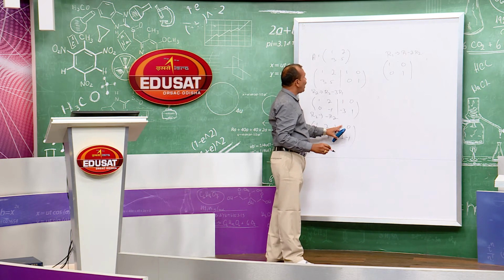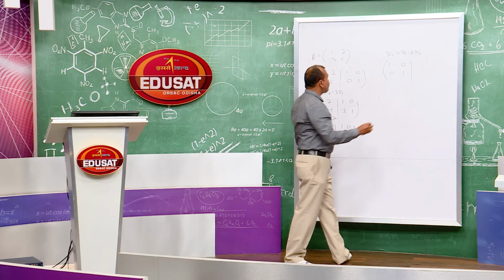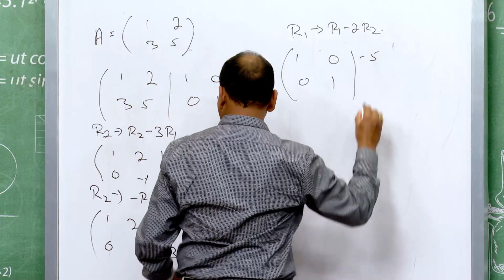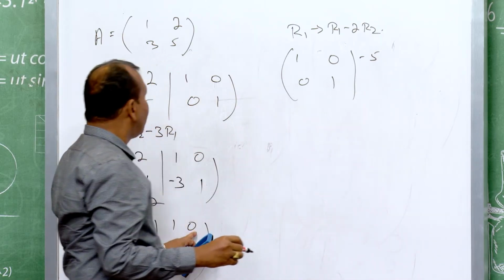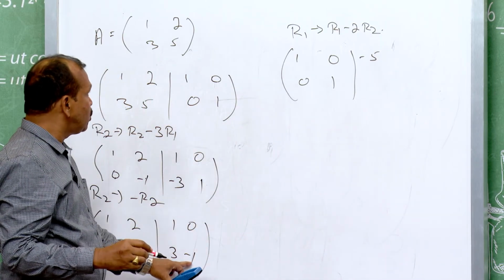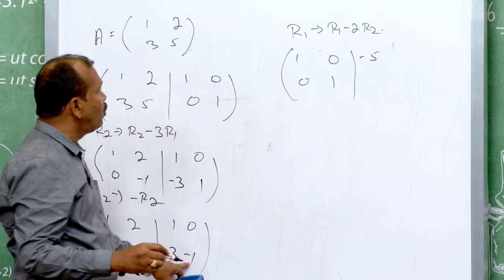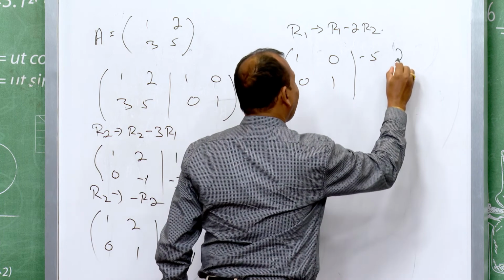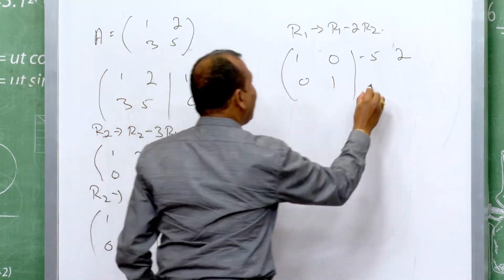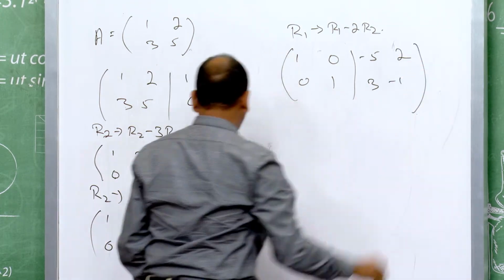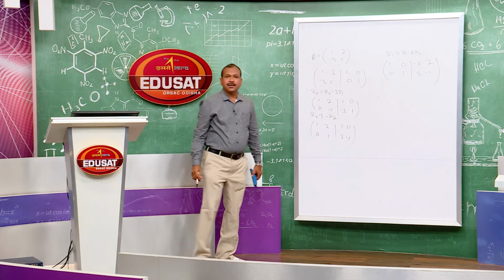R1 changes to R1 minus 2 R2, then minus 5. 0 minus 2 into minus 1 is 2. 3 minus 1, R2 remains unchanged.